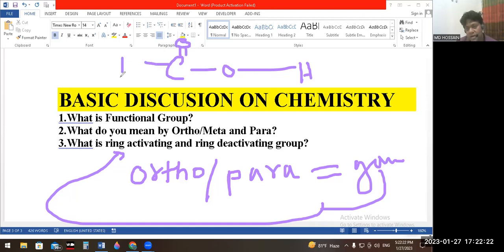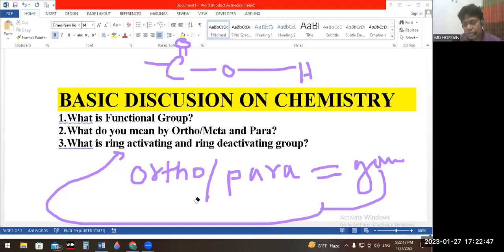You can say that these functional groups are interconnected with the other molecules through a single bond, and there is a double bond here with carbon. So these functional groups are known as meta indicators, and they are also benzene ring deactivating groups.